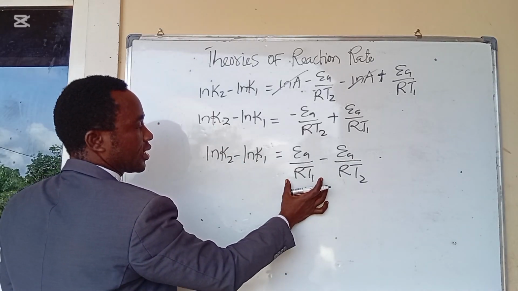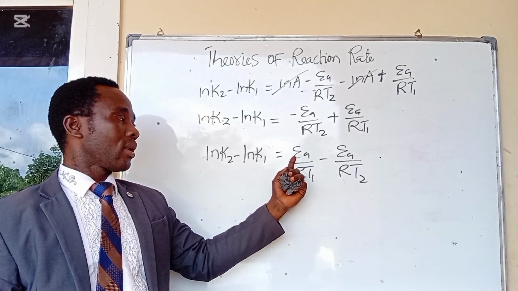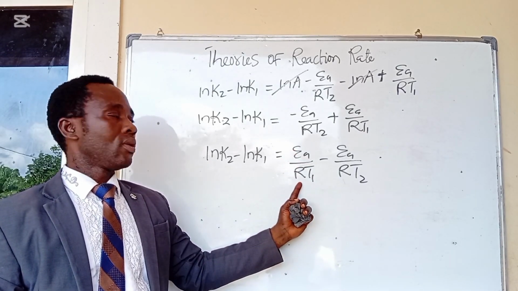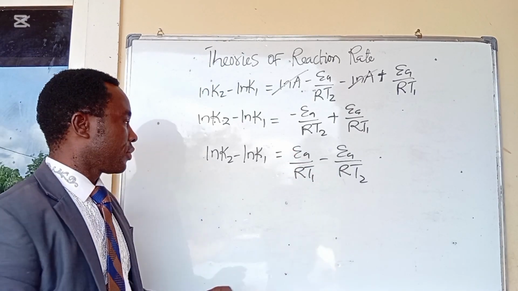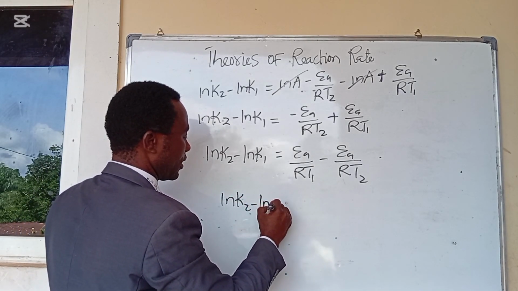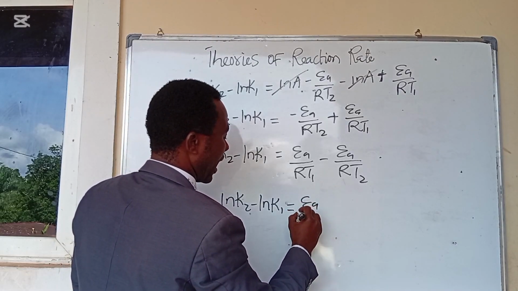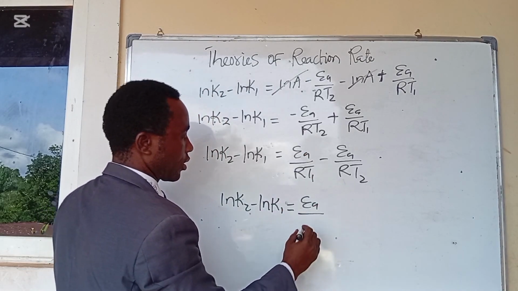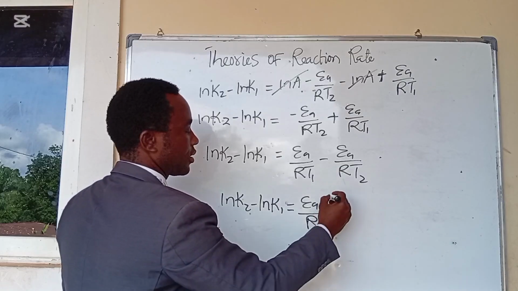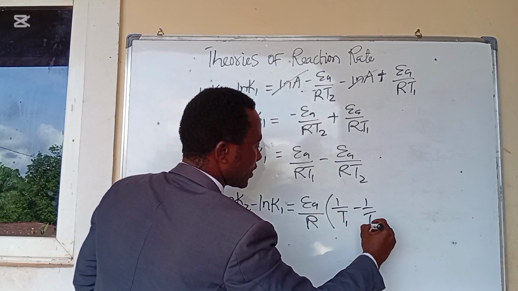Now, there is something that is common here. EA, that is epsilon A, over R is common to both of them. So when we factor it out, we have ln K2 minus ln K1 equal to activation energy divided by the molar gas constant, multiplied by 1 over T1 minus 1 over T2.